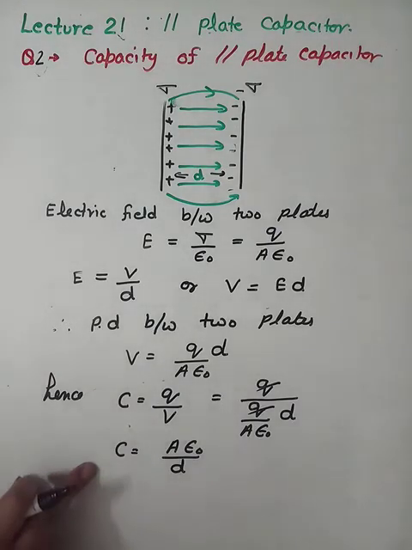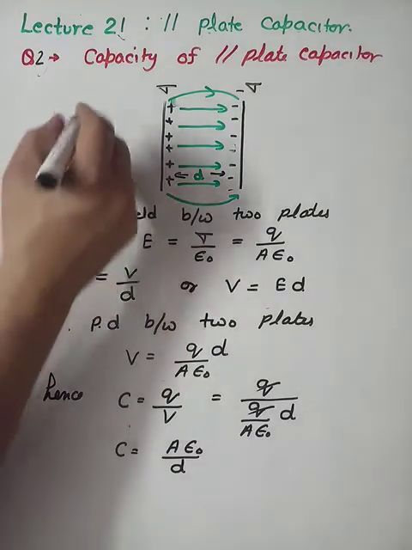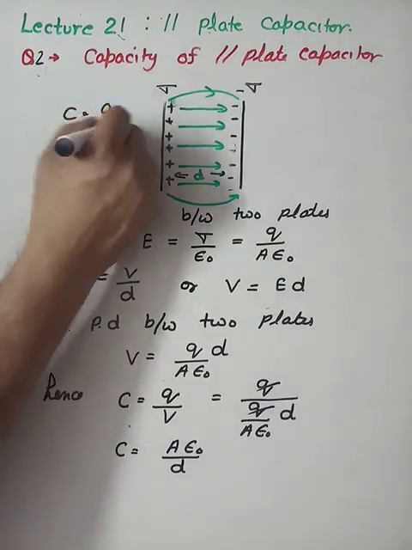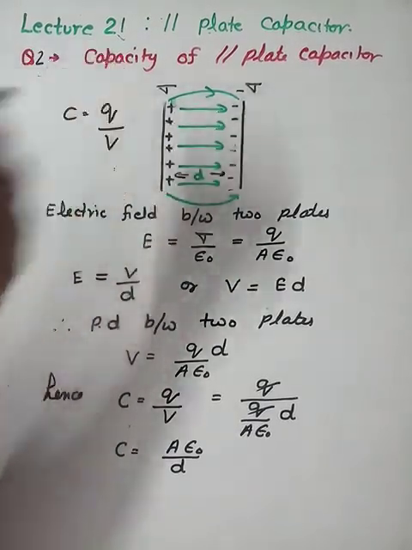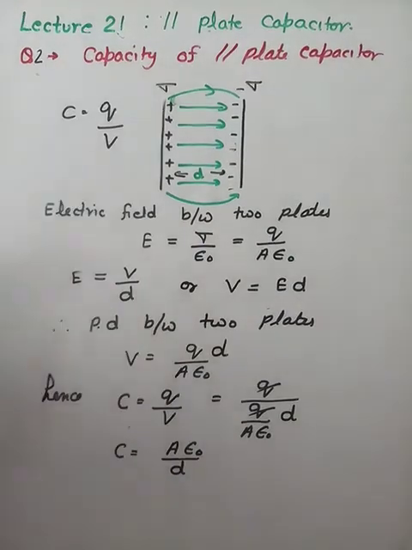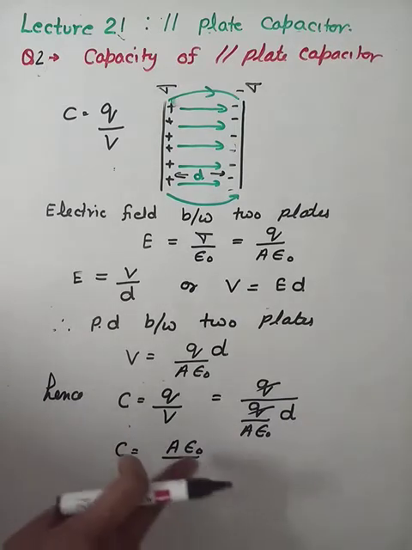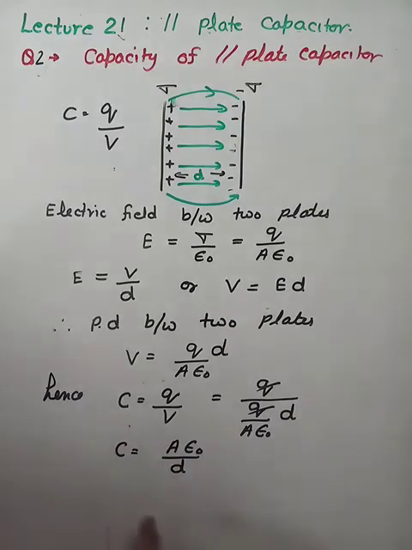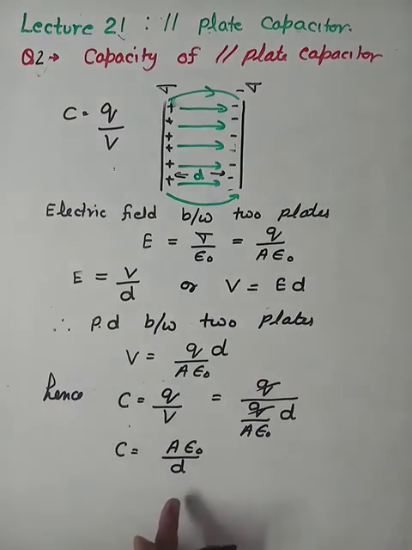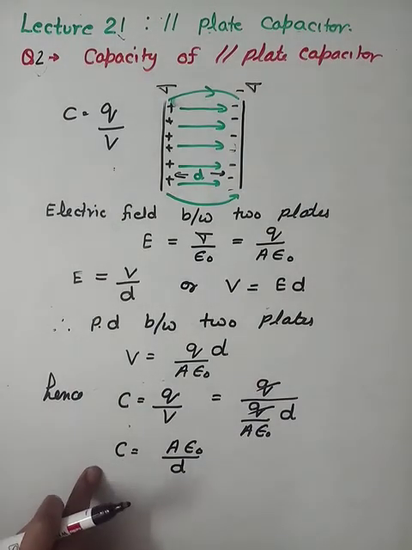That is, the capacity does not depend on Q and V. See, we know C is equal to Q by V, but I have told you that capacity does not depend on Q, or on V. It depends only on the structure of the two plates. Greater the area, greater will be the capacitance. Smaller the distance, greater will be the capacitance.